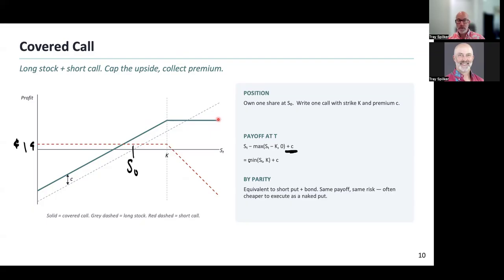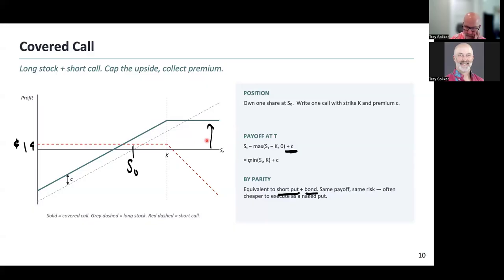We can use a short put position plus the bond, that's the other side of the equation here. That's why it's above this positive value line here. Draw a little picture here, right? It's shifted up by the combination of it being a short put and a bond.